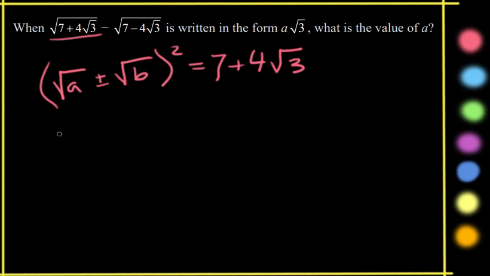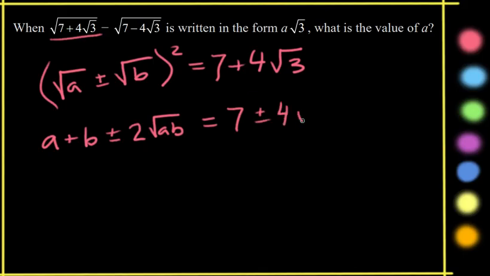So we expand this out: square root of a times square root of a is just a, and square root of b times square root of b gives plus b, and then we're going to get plus or minus 2 times the square root of ab. And that's got to be equal to 7 plus or minus 4 times the square root of 3.